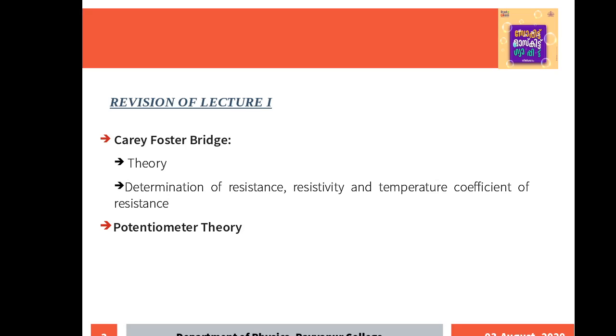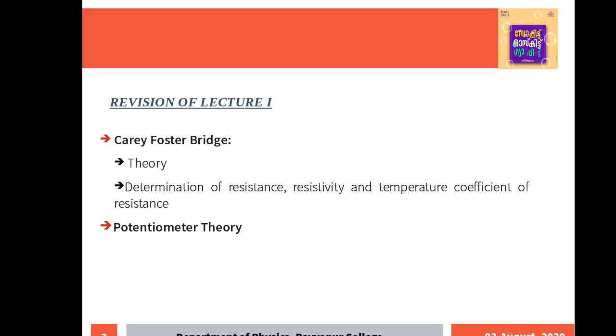The Wheatstone's bridge can't measure small resistance because we have to get a standard resistance box whose value is in the low range so that we can measure the low resistance.